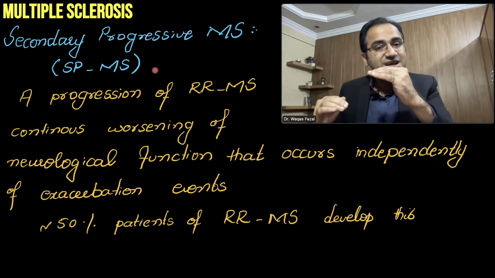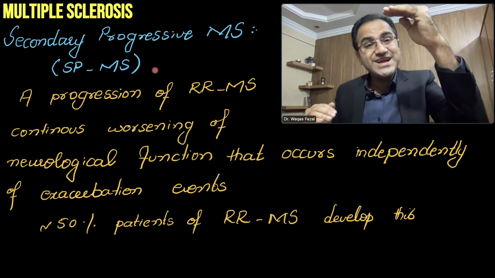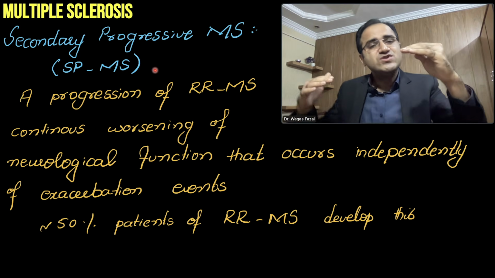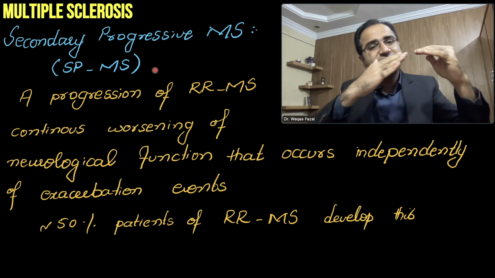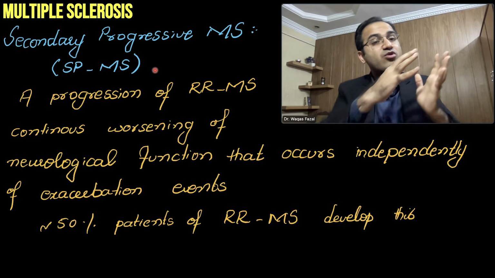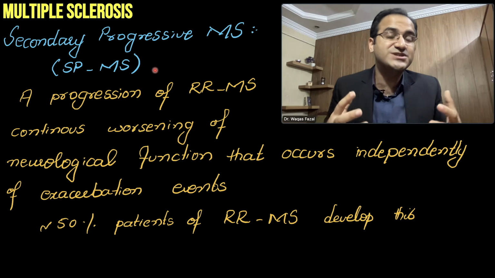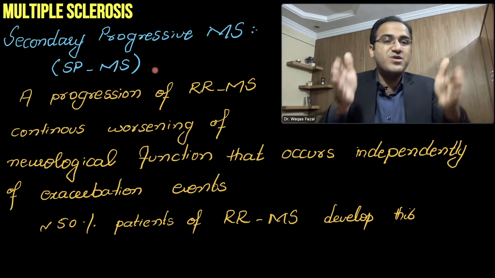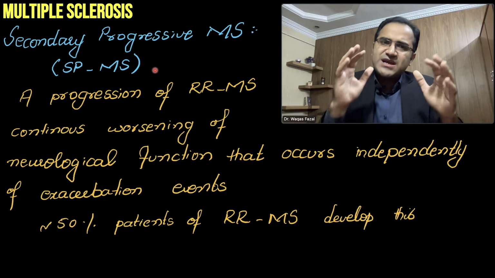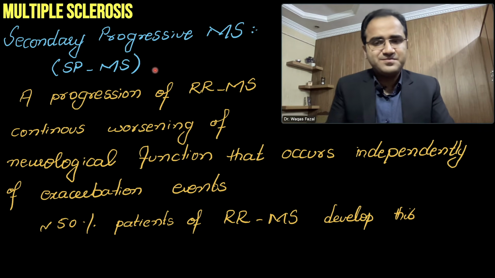Then the patient gets another exacerbation, and after that exacerbation the patient does not completely recover from it, and there is some residual neurological deficit left. So over a period of time the patient starts accumulating neurological deficits, and those deficits keep progressing, keep increasing, and the patient has neurological deficits all the time. Patient is not normal between these exacerbations, and this neurological deficit can increase independently of the exacerbations as well.